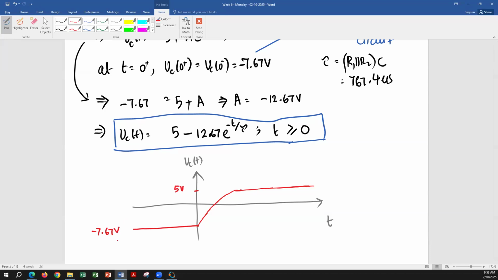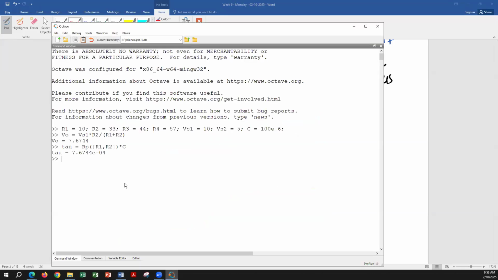Yes, you showed it for tau because it is coming from the natural circuit. You can plot it. I don't know if I'm doing the plot correctly or not. It may go down and then go up. Let's see. So if I do the plotting, I'm just going to do it for t. T is equal to 0, and let's say tau by 100 and 5 times tau.